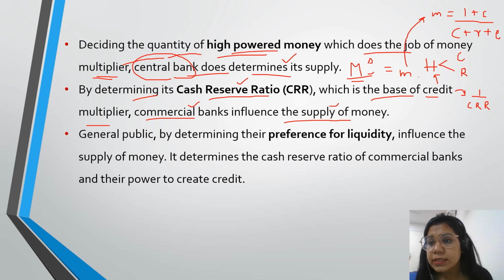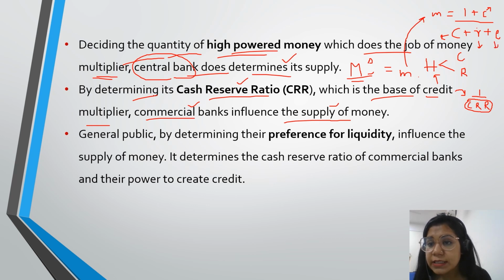This was currency upon deposits. R is the reserve ratio, so reserves upon deposits, and E was the excess reserves upon deposits.